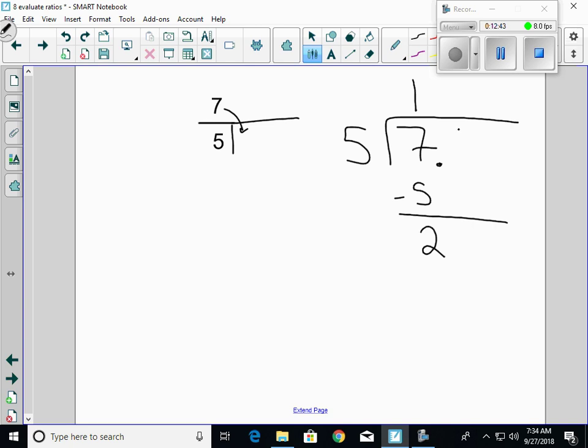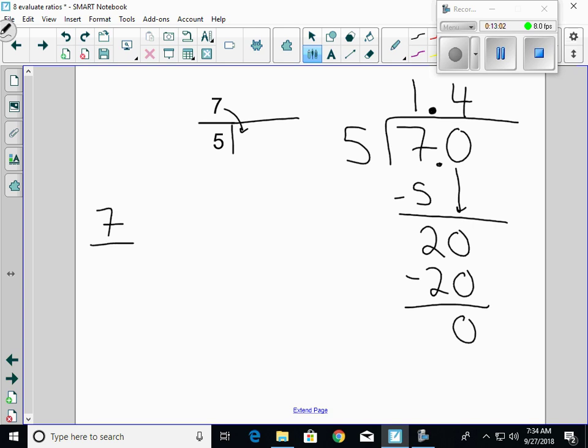So that's why I have to add a decimal point. Don't forget your decimal on top, and a 0. 5 goes into 20 4 times, because 4 times 5 is 20, and then I'm finished. So 7 over 5, the value of that ratio is 1.4.